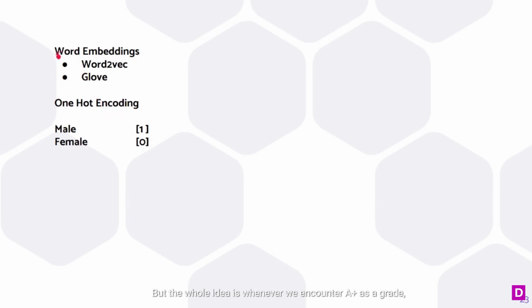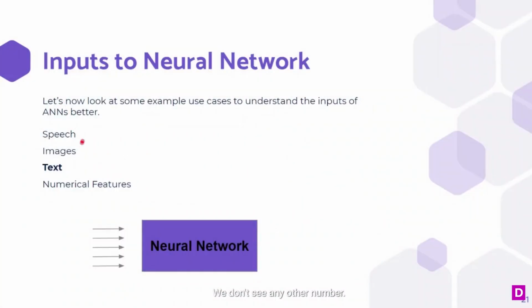The whole idea is that whenever we encounter A plus as a grade, we will see 1 in that place, and we don't see any other number. So we are allocating one particular code to that particular text form. This is one of the naive ways of converting textual data into numerical form as well. So this is about converting textual data into numerical form by leveraging word embeddings and one-hot encoding. We can leverage either, depending upon the task we are dealing with.